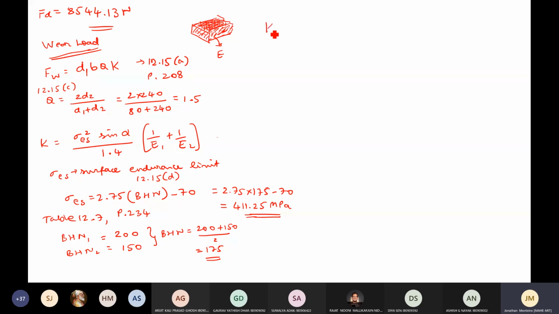Let us go back to the K value now. K is equal to sigma ES square, which is 411.25 the whole square, into sine alpha. Alpha is 14.5 degrees, the pressure angle, divided by 1.4 into the Young's modulus of steel, which is 207 gigapascals.